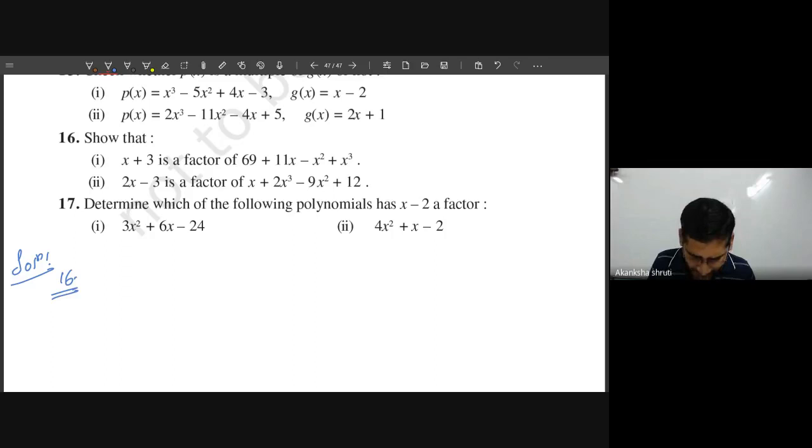सिक्सटीन्थ क्वेश्चन स्टूडेंट, ये देखिए, इसके मैं सेकेंड क्वेश्चन को आपको करके दिखलाता हूं. यू हैव टू चेक और यू हैव टू शो दिस इज अ फैक्टर ऑफ दिस वन और नॉट.